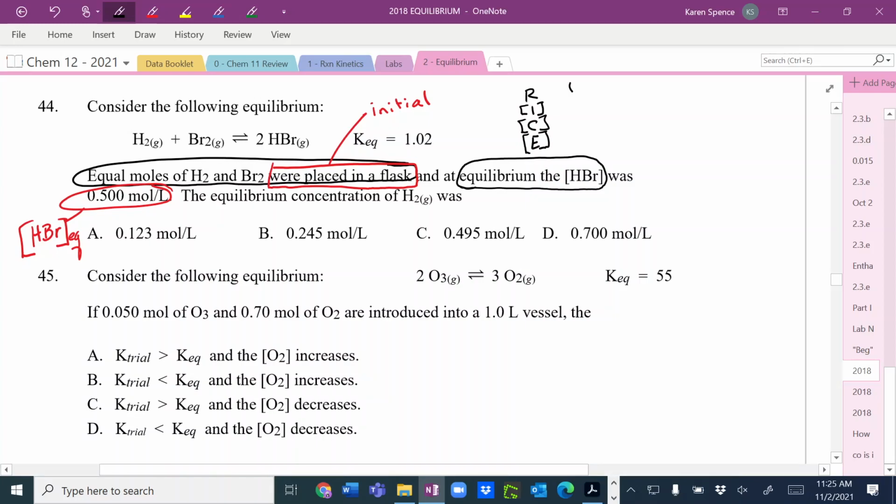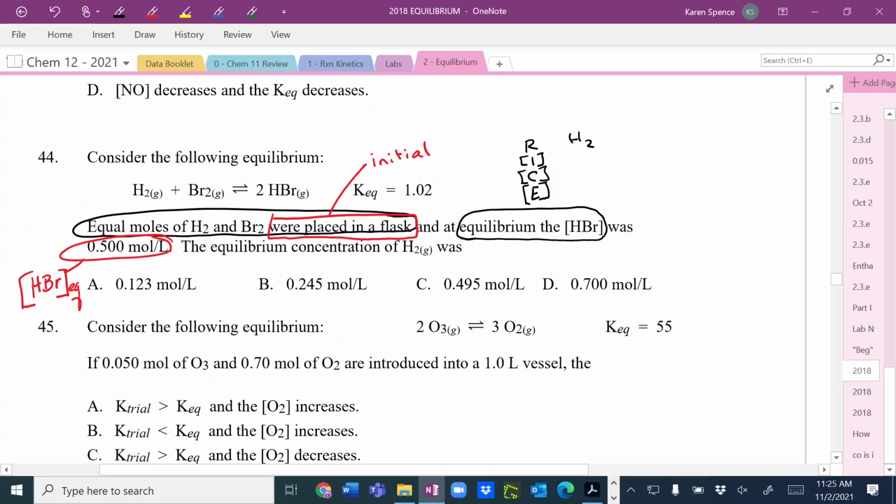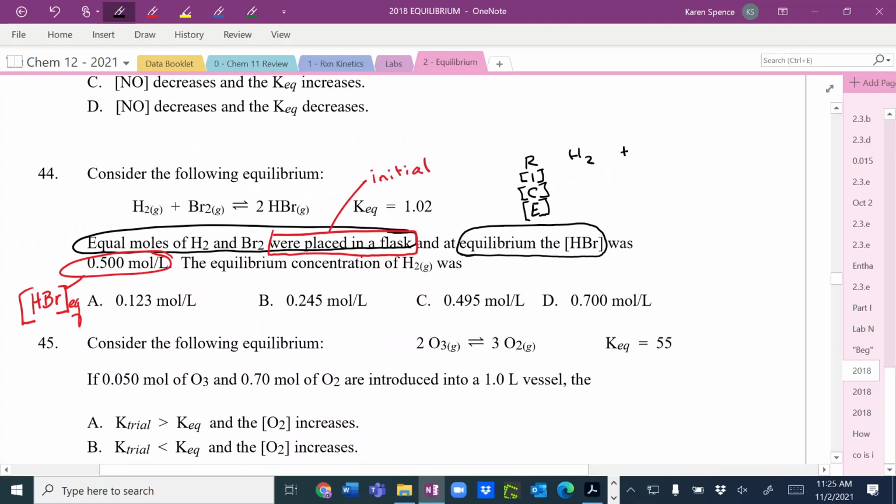Okay, so we have H2, we have Br2 in equilibrium with 2HBr. Now, our initial concentrations, we don't know, it just says equal moles, right? So we don't know what that is. So let's call that I don't know and I don't know, but those two are equal to each other, yes?